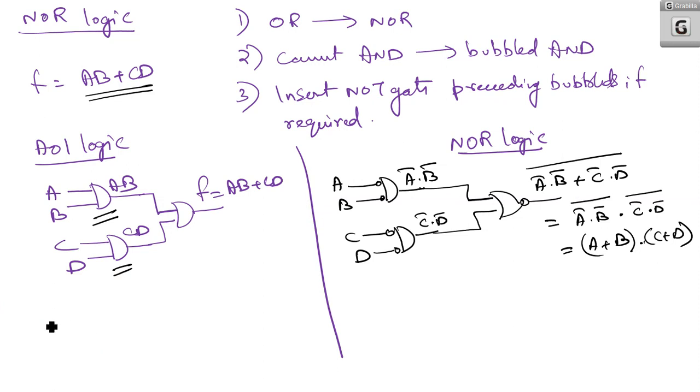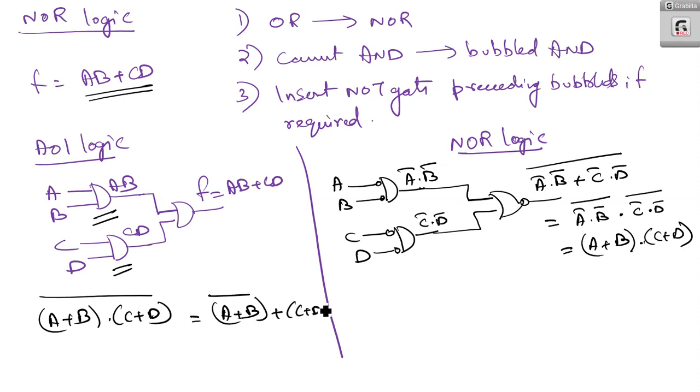That means if A or B and C or D is noted, what you get? You will get A or B the whole bar or C or D the whole bar. So A or B the whole bar is A bar dot B bar or C bar dot D bar. So that will come to A bar dot B bar or C bar dot D bar.